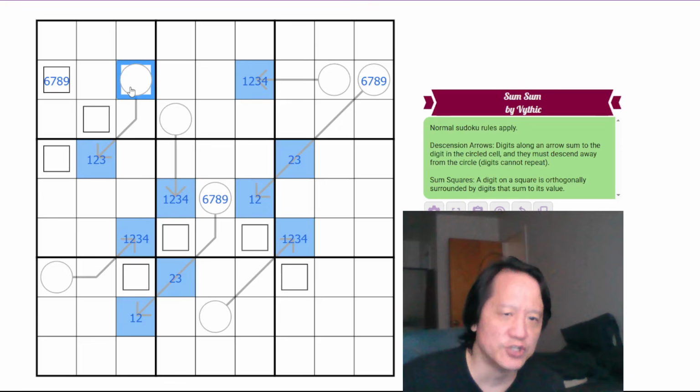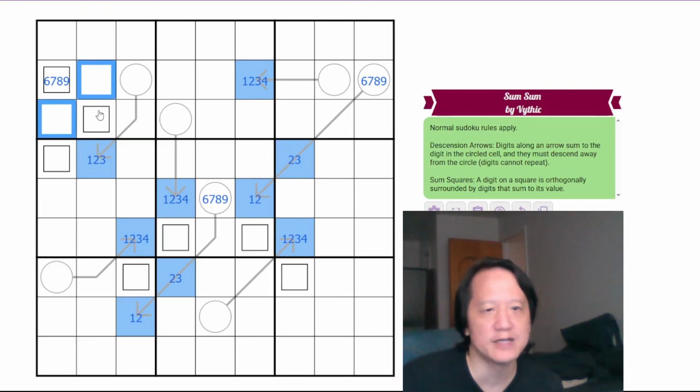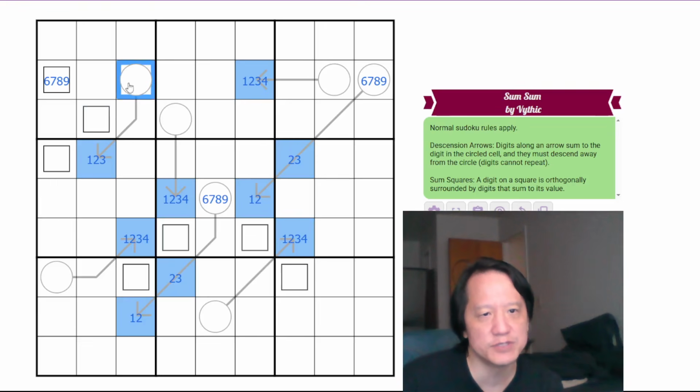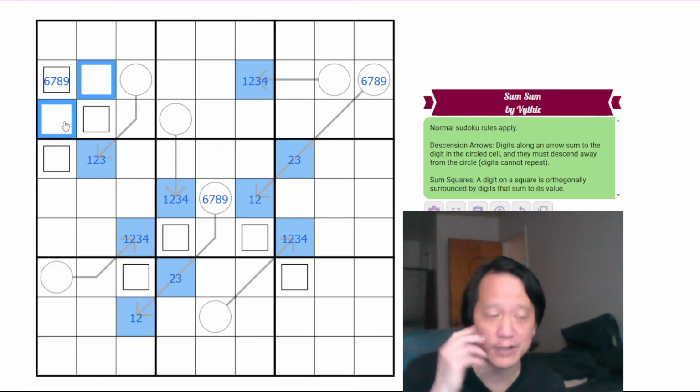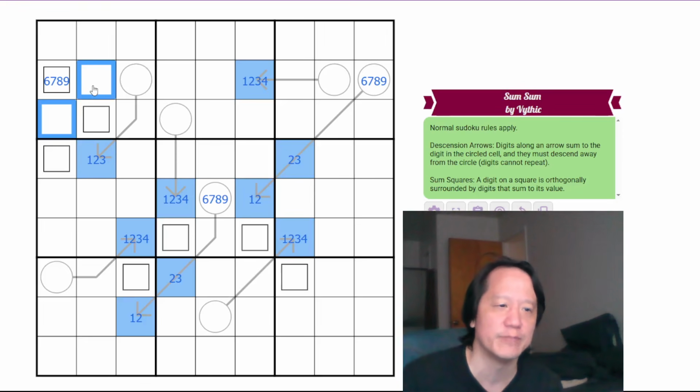We know this digit is equal to the sum of these 2 digits. But these 2 digits plus these 2 digits add up to this digit. So this must be at least these, subtracting these 2 less than this. So this would have to be 6 at most, right? 9 minus these 2 digits, and these 2 digits would be 1 and 2 at minimum.